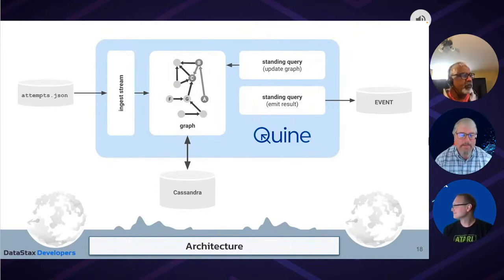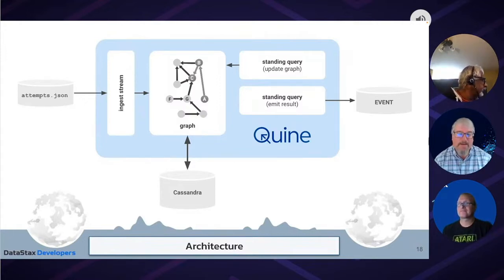And there's a component inside of Quine called an ingest stream, which is going to connect that file stream and build a graph out of it. So the graph is our primary structure inside of our architecture. That graph is going to be backed with a persistence layer, because not everything can fit into memory all the time. We'd love for it to, but not everything fits into memory all the time.